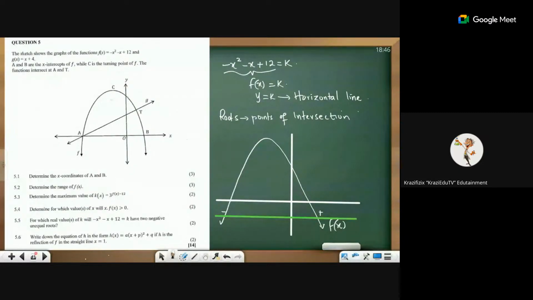What am I looking for? Two negative. This is one positive and one negative. Is that what I need? No. I'm going to continue. Let's just jump. What do I have there? x here is negative. Oh, by the way, let me say x values. Roots are x values of the point of intersection.